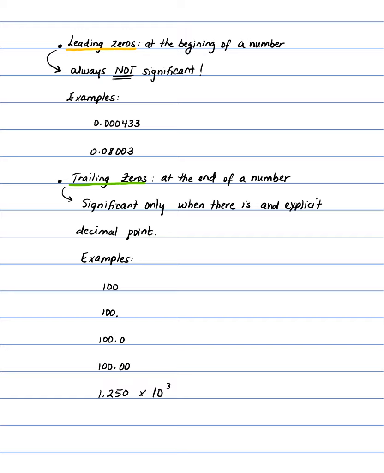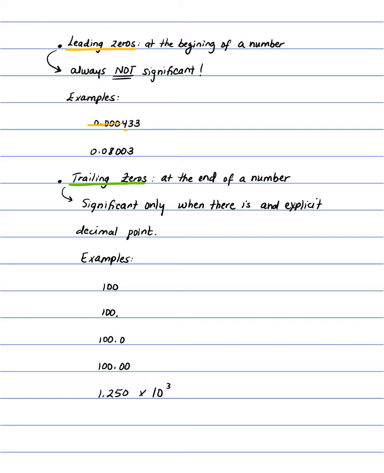So leading zeros right here in my first example, the first digit different from 0 is that 4. In front of that 4, all of the zeros that you have are leading zeros and they are not significant. You can convert that number to scientific notation and you will get 4.33 times 10 to the minus 4.